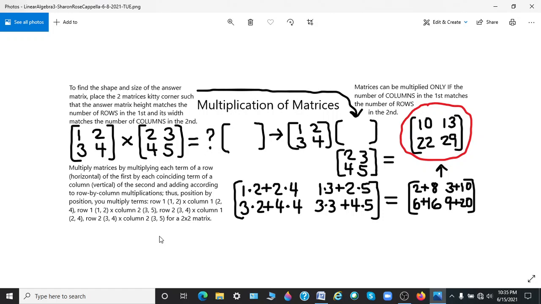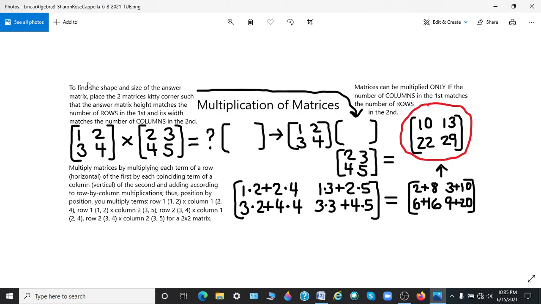Often they will just be sitting next to each other the way you would do with numbers, and you would put parentheses instead of a multiplication sign. But you have to put some indicator. You can just put them next to each other if they're matrices, because it's understood that these are multiplied.